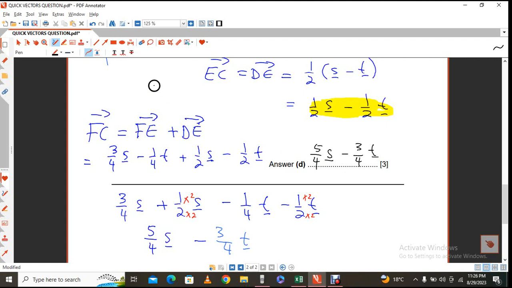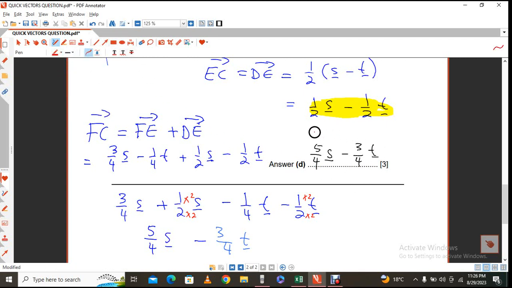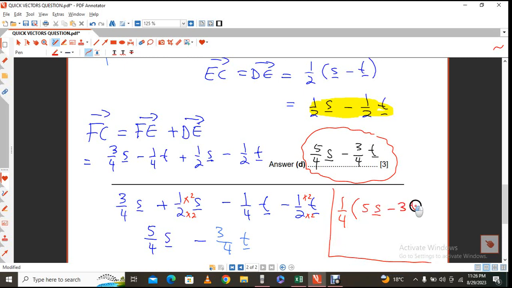You can also remove the common factor. Somebody can say this is the final answer, which is also going to work 100%. Or you can say, let me take a quarter out, 1 over 4, and inside I have 5S minus 3T. Just remember that's a 5.